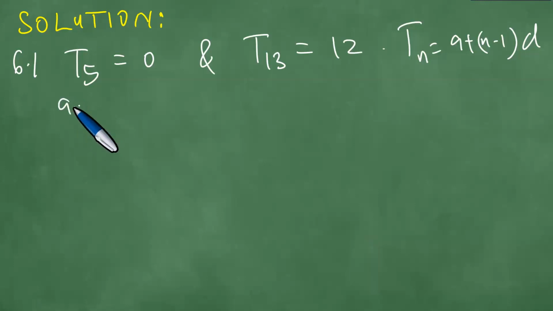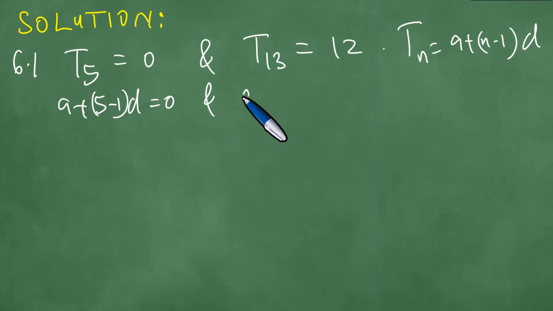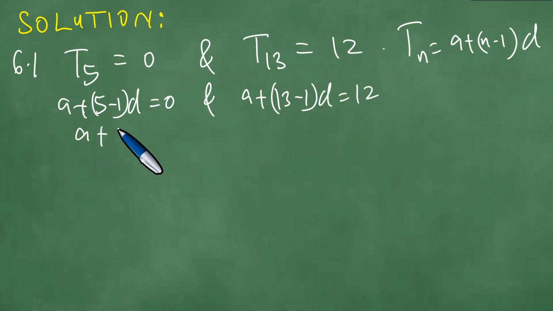Tn is a plus n minus 1 into d, so we can implement that here and have a plus 5 minus 1, which is a plus 4d. Then a plus 13 minus 1, which is a plus 12d.